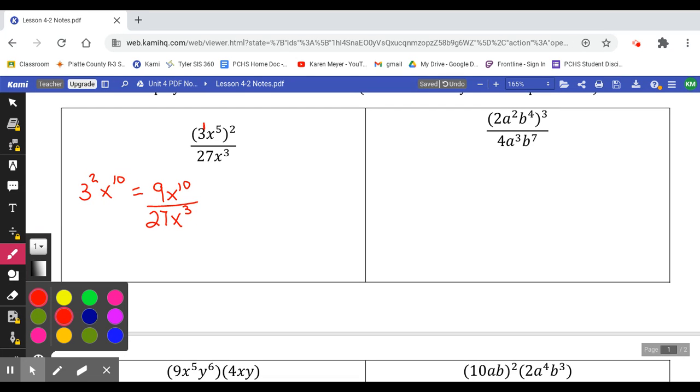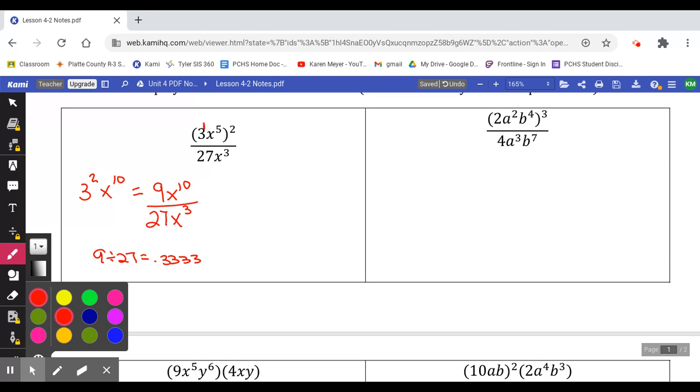Now it looks like our new property rule. So let's go ahead and divide out our coefficients. 9 divided by 27. If you take 9 divided by 27 on your calculator, you will get 0.33333, but we're not allowed to write down a decimal answer.